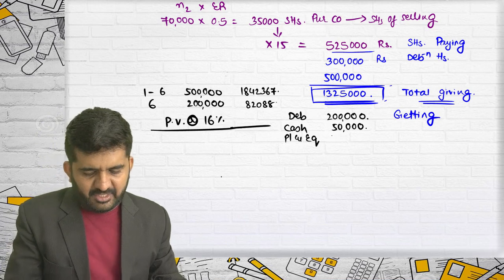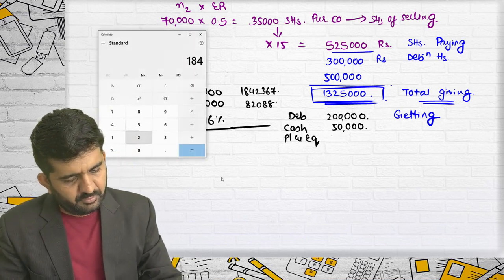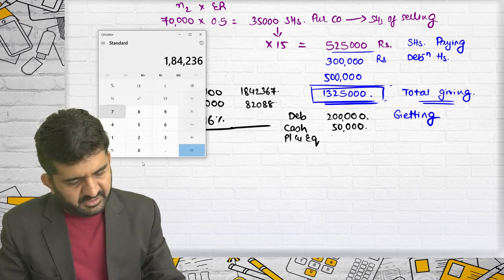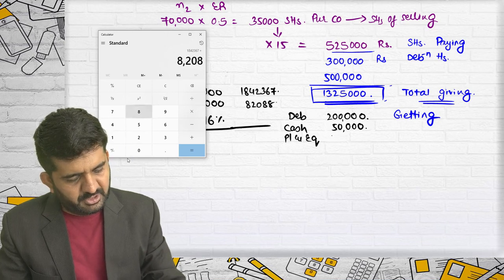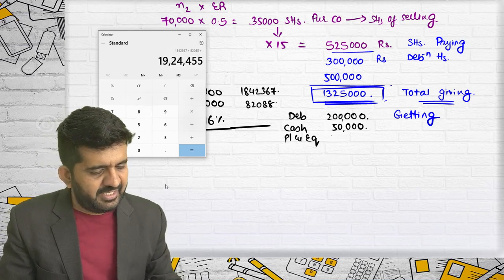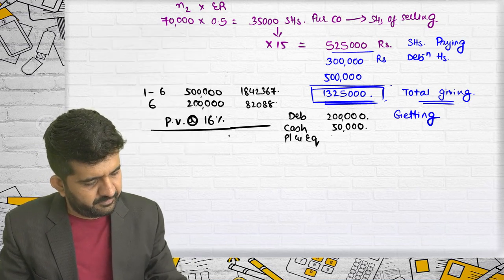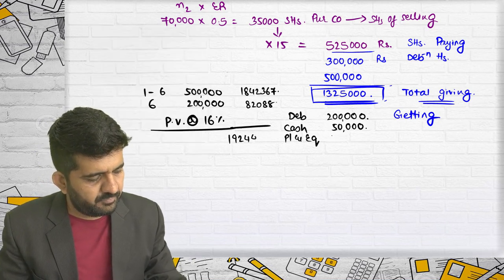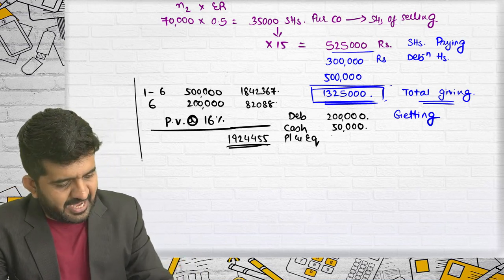Total present value will be 18,42,367 plus 82,088, which is 19,24,455.